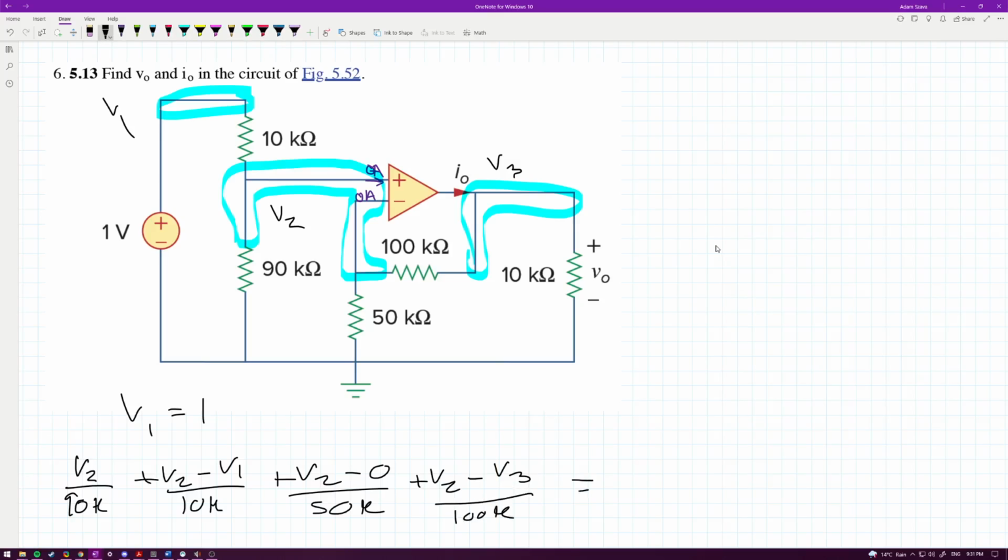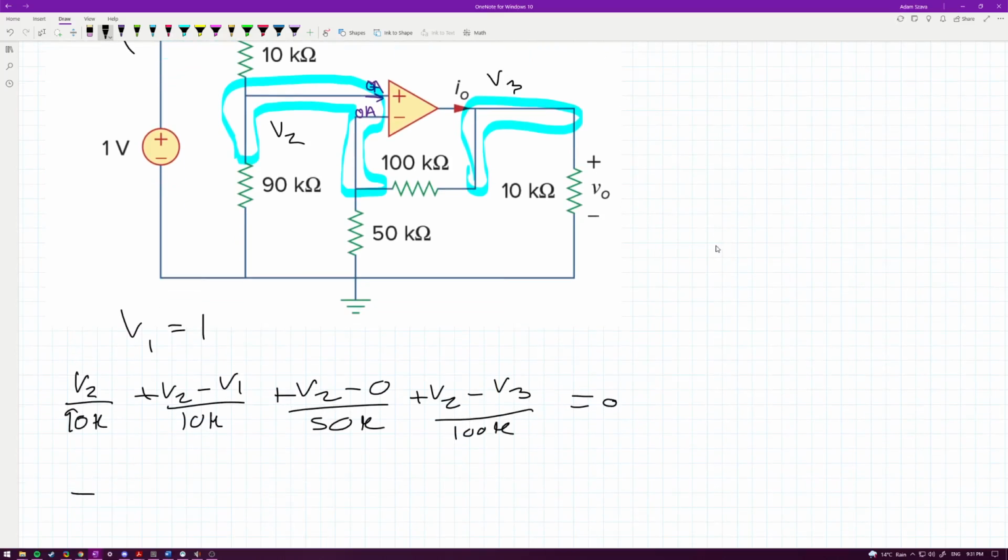Okay, there's that equation equals 0. And then the V3 equation is negative I naught plus V3 over 10k. And then plus V3 minus V2 over 100k. And then you could just sub in the 1 for V1 for your second equation. Yeah, that's fine. So 2 variables.